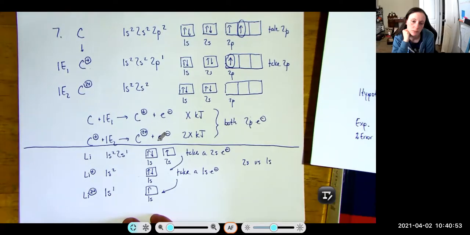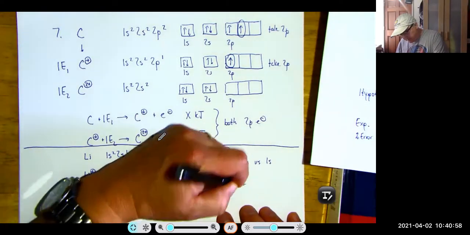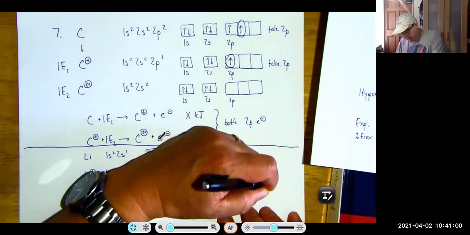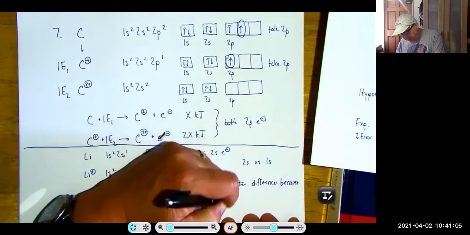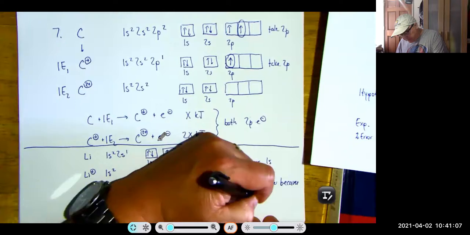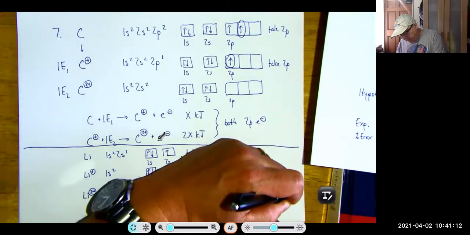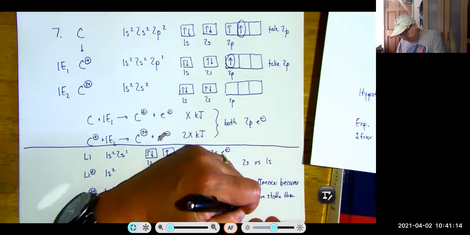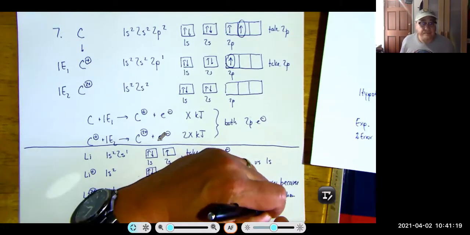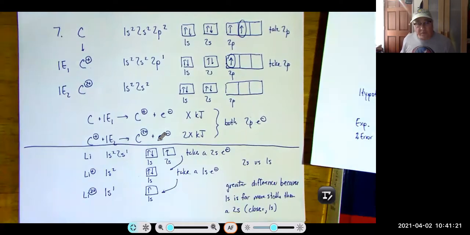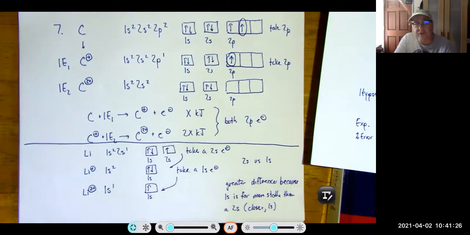So here we would have to say this is going to be a greater difference, because a 1s is far more stable than a 2s, and that's because it's closer. Okay, so we have to make that argument for the rest of these atoms. So let's take a look at them.